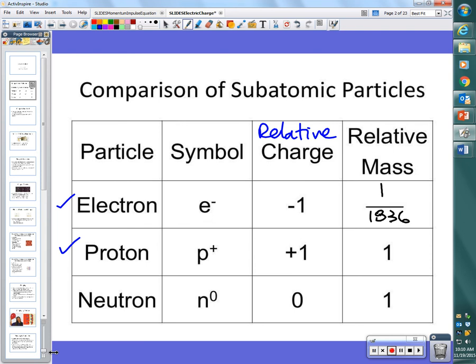One more thing they have in common: yesterday, somebody said that protons are bigger than electrons. True, if we're talking about their masses. But when we talk about their relative charge, they have the same amount of charge, but one is positive and one is negative.